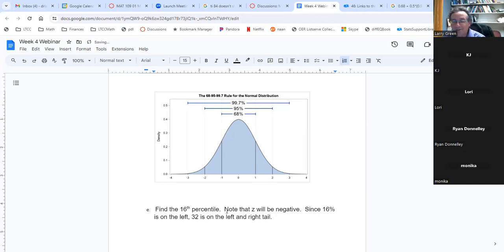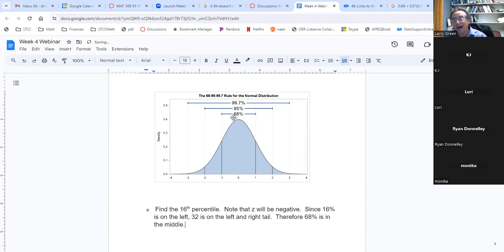How much is in the middle if 32% is in the left and right tails? Yeah, therefore 68% is in the middle.